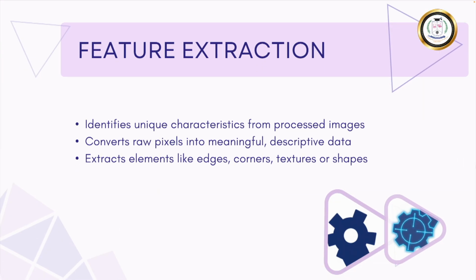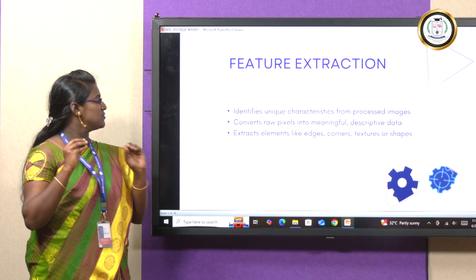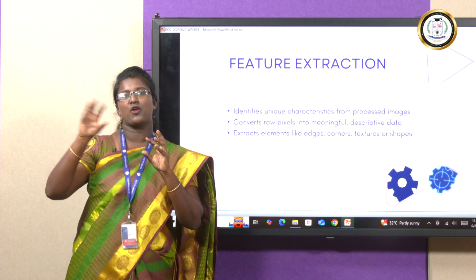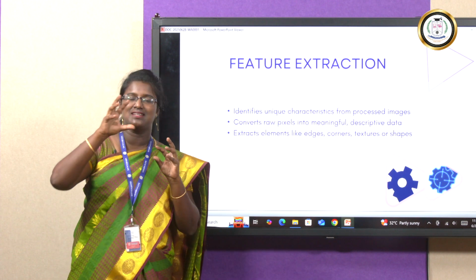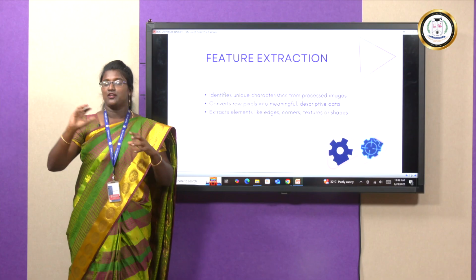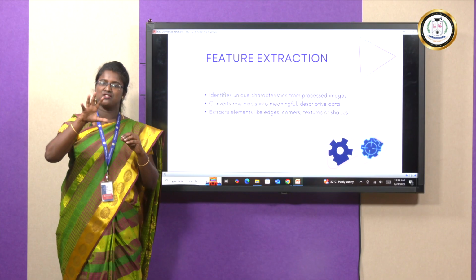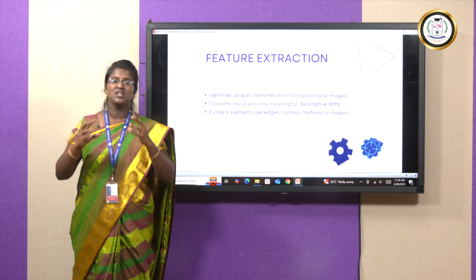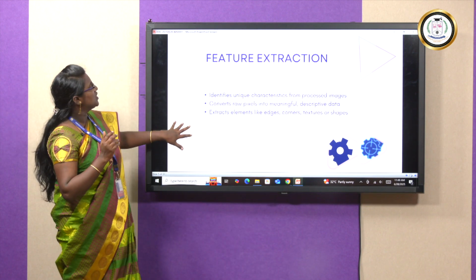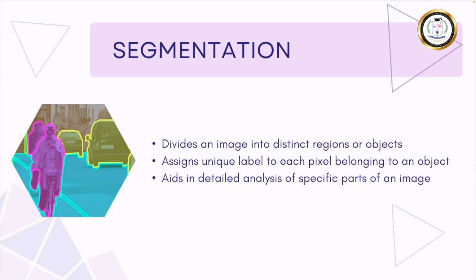Once we're done with pre-processing, we go into the next step called feature extraction. Features are essential unique characteristics of a processed image. These unique characteristics describe meaningful properties or meaningful points in an image. It could be an edge, a corner, a blob, a texture, or even a shape. After finding these unique characteristics, we go into something called segmentation.